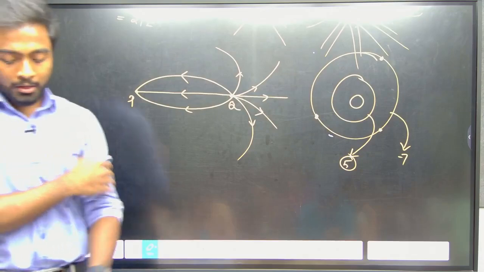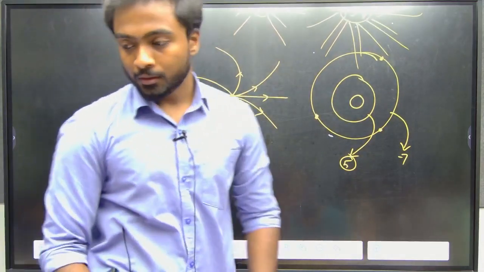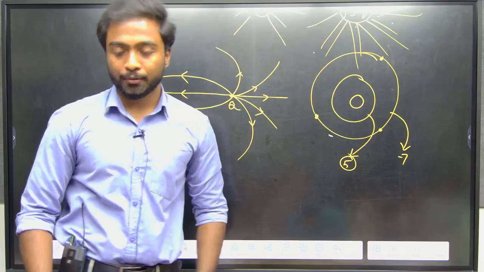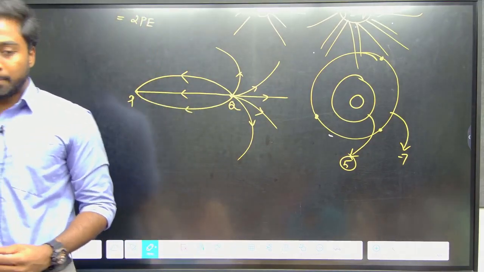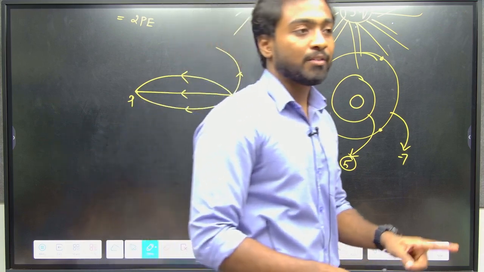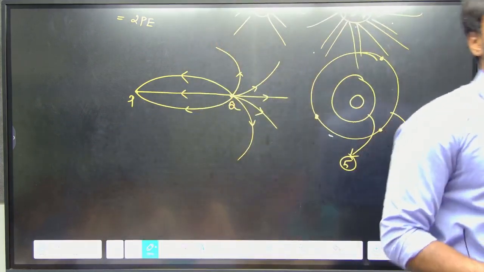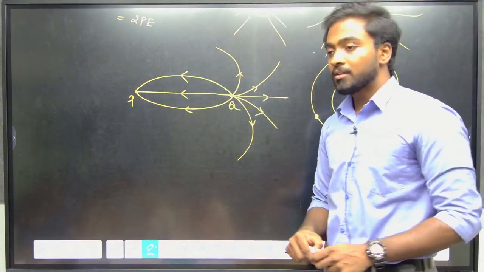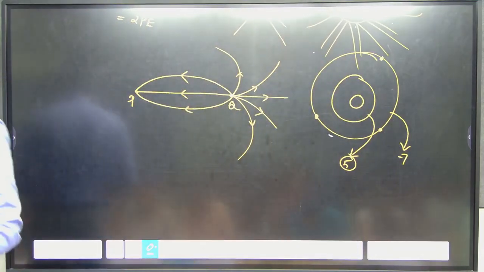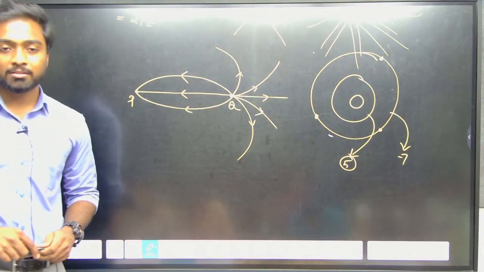Right on, next point. An equipotential surface may be the surface of a body, or a surface in a space.